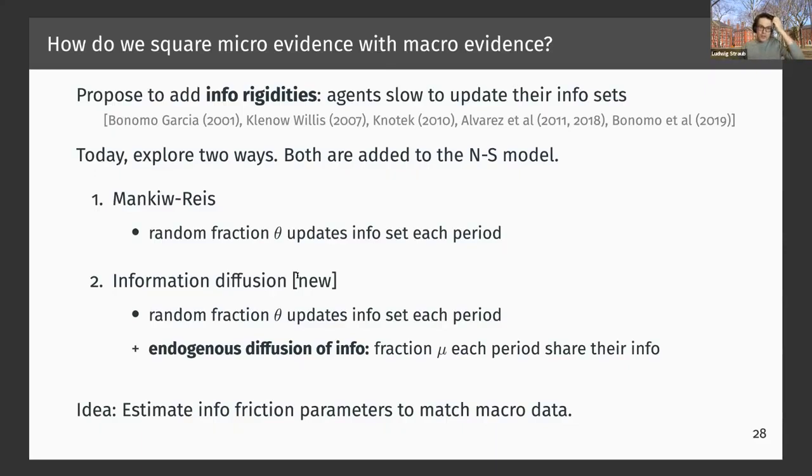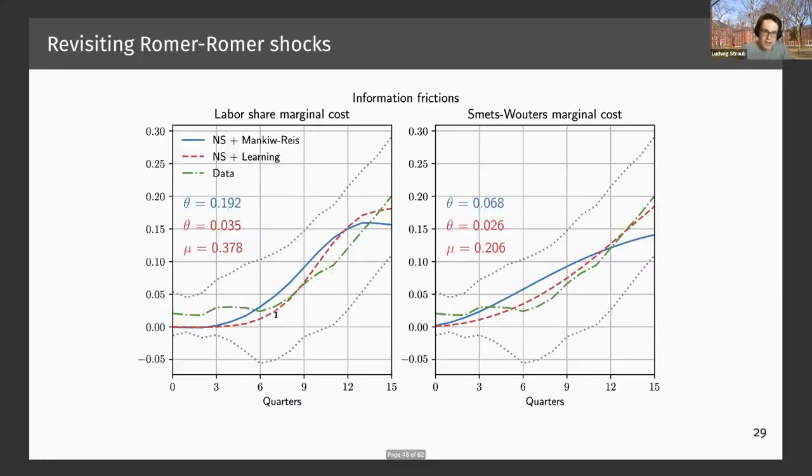We're going to take these information rigidity parameters, theta in the case of Mankiw-Reis, and theta and mu in the case of the information diffusion model, and pick them so that they match the impulse response of the price level to the marginal cost shock that we feed in from Romer and Romer.